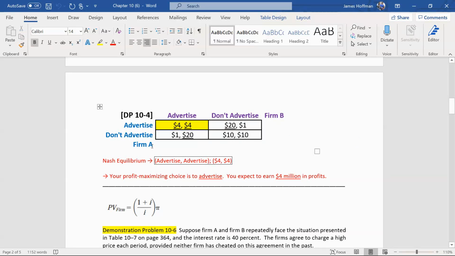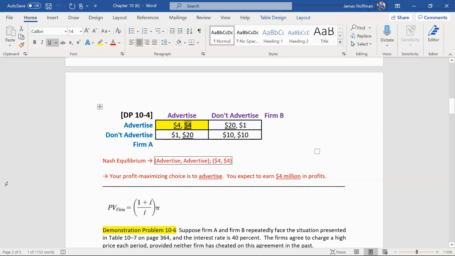Alright, you can probably guess that firm B is also going to have the same strategy set, but let's do it from firm B's perspective. So firm A advertises. Firm B can advertise and get 4, or don't advertise and get 1. Firm B is going to advertise.